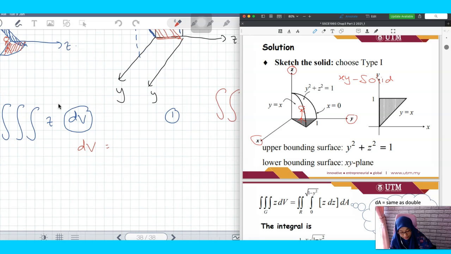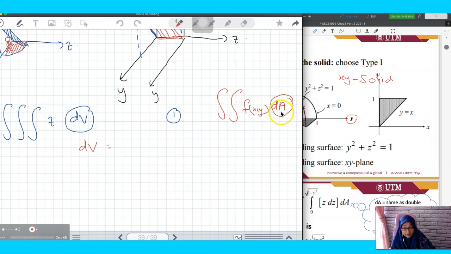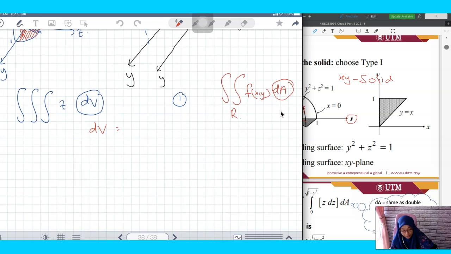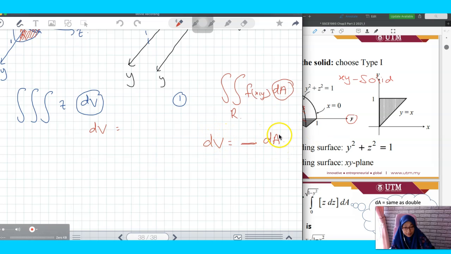You have a double integral, the function, and dA, where dA is the area of the region. If you have volume, how do you get it? The height multiplied by the area. Remember, dA here is area, and area multiplied by the height will give you the volume.